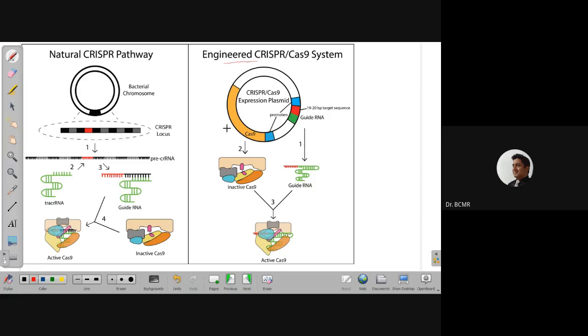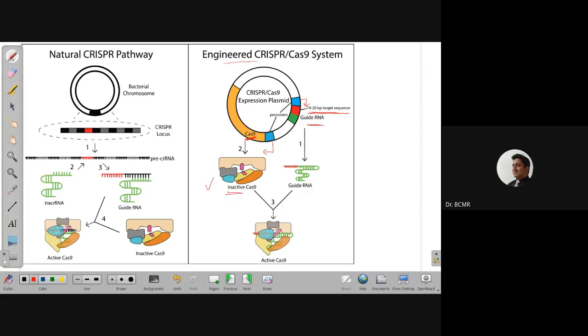You need to have an ORF for Cas9, and you need to have a guide RNA. In the guide RNA, you will have the target sequence. Okay, you have a promoter here, and you have another promoter. And from here, you will get the Cas9 protein.